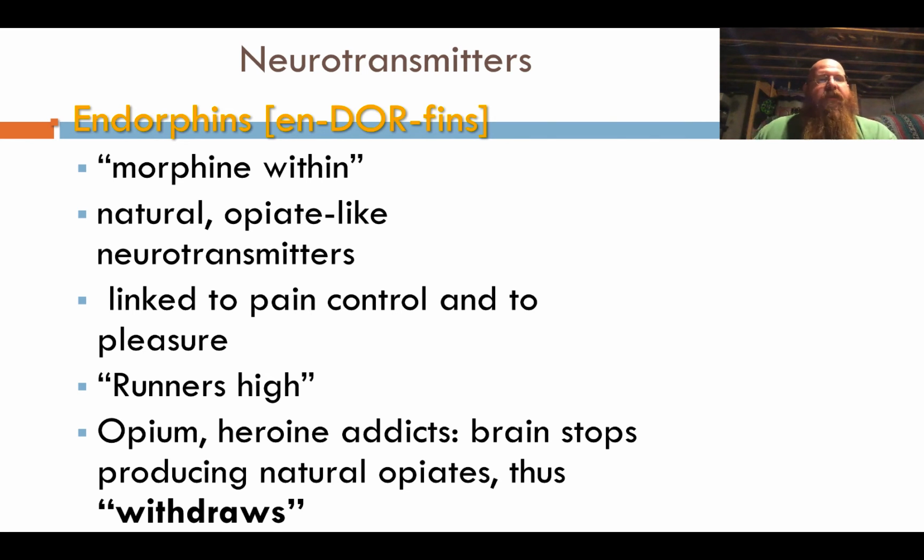And then all of a sudden, the brain releases these endorphins, these natural opiate-like transmitters, opiate as in opium or as in pills. Your body actually makes that.